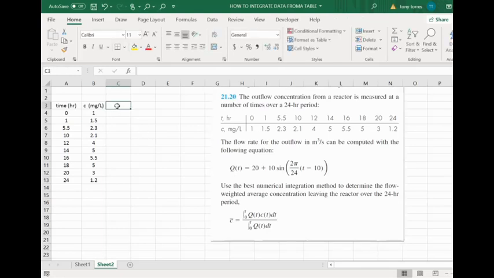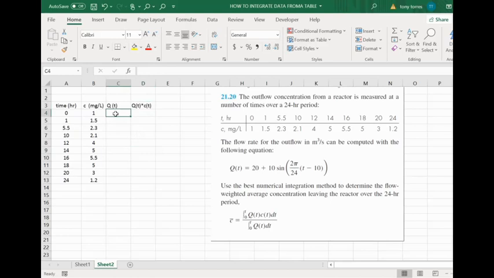So let's plug in here the function Q, and Q is a function of time as well. So what we need to do is get this here, and the next part will be getting Q times, let's put it like this, Q times C, also of time.